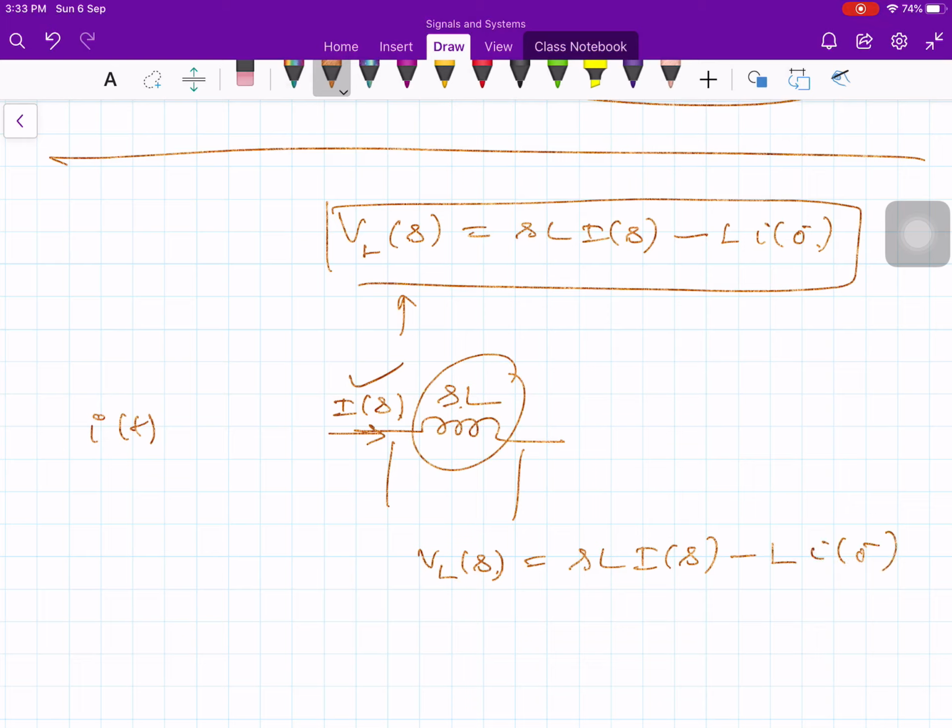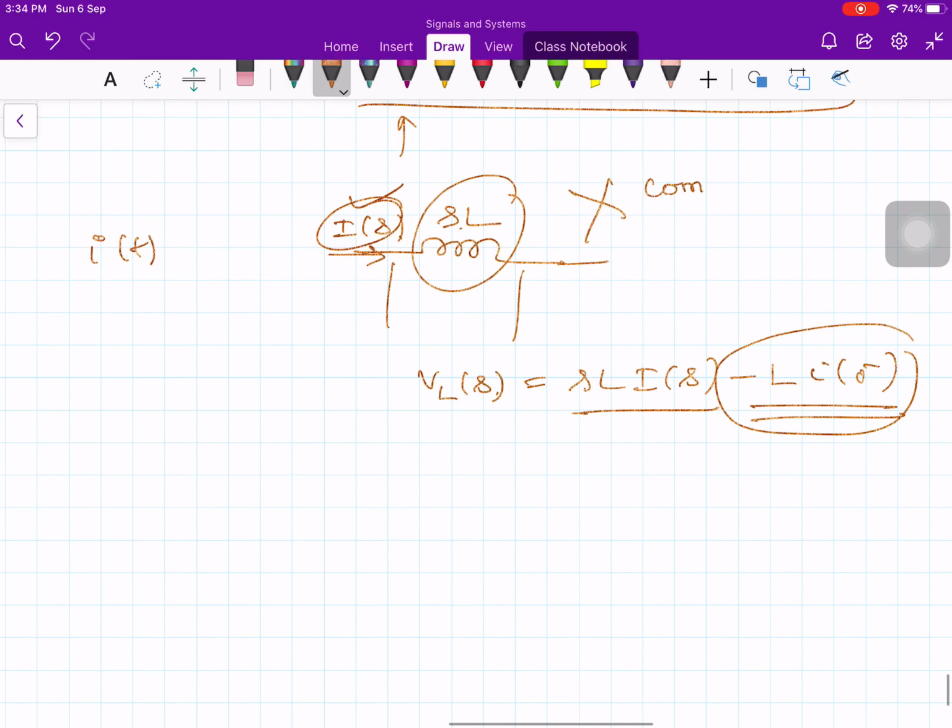So this current I of s passing through SL, this generalized impedance, will develop a voltage which is SL times I of s in the transform domain. But to complete the picture, I have one more term here, minus L times I of 0 minus. Therefore this figure is not complete.